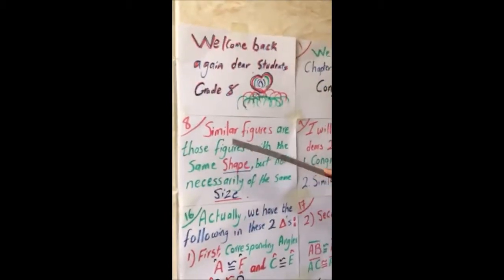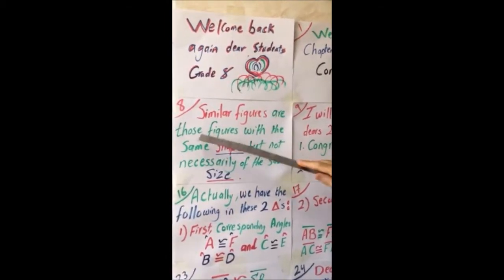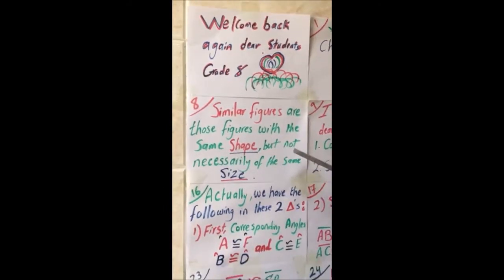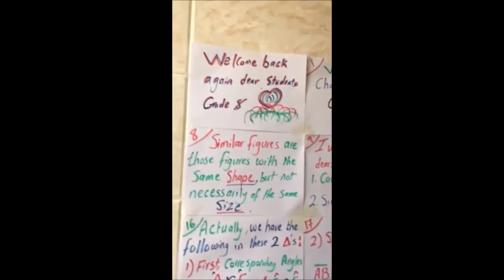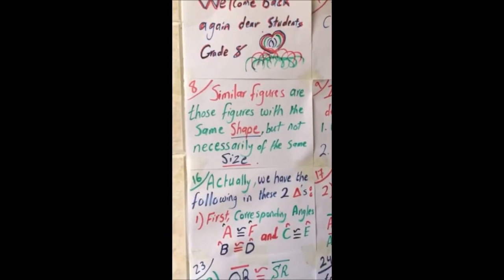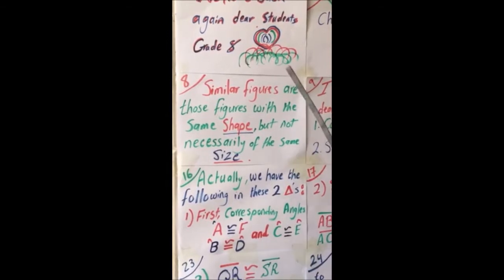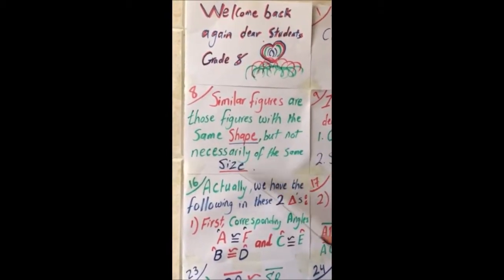Let me continue our lesson. Now we will define the other word. If anybody asks you about similar figures, similar figures are those figures with the same shape, but not necessarily the same size.